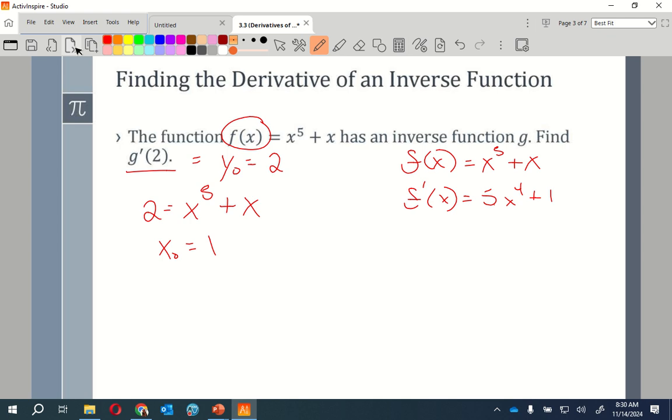But if I tried factoring it, it would look like this. 2 equals x times the quantity x to the 4th plus 1. Okay, so how else can I try and factor it here? Yeah, I'm not getting it. So this is one of those super weird problems that you have to look at and try to solve.